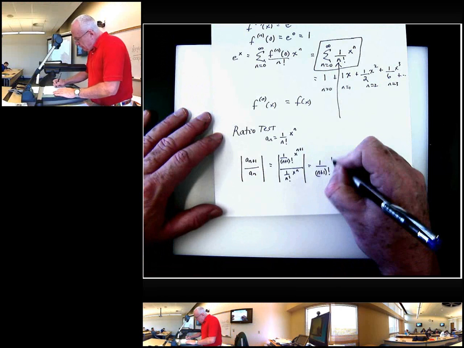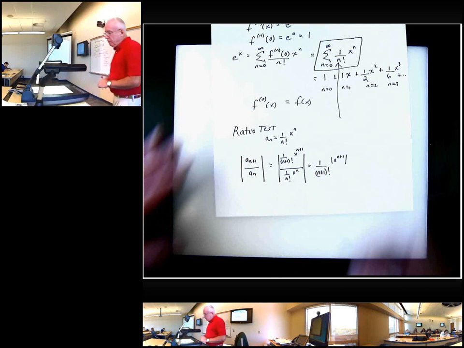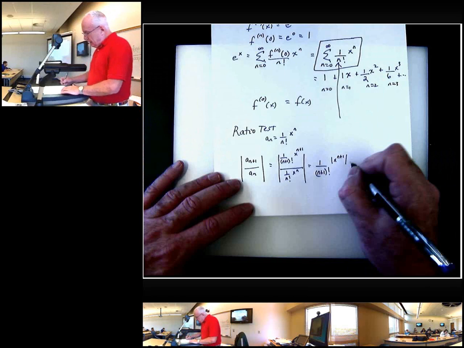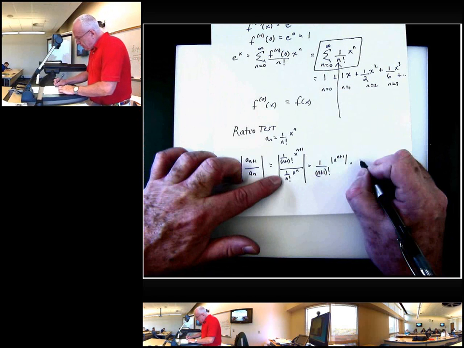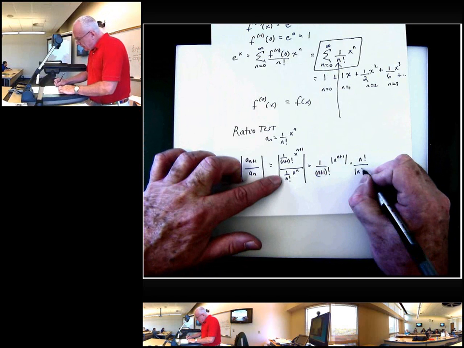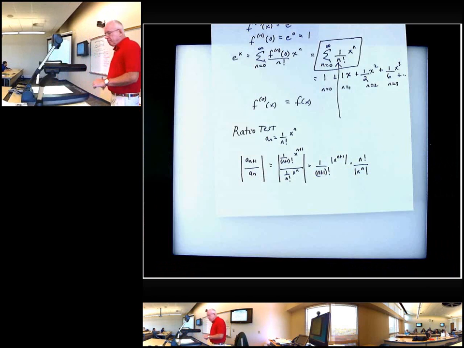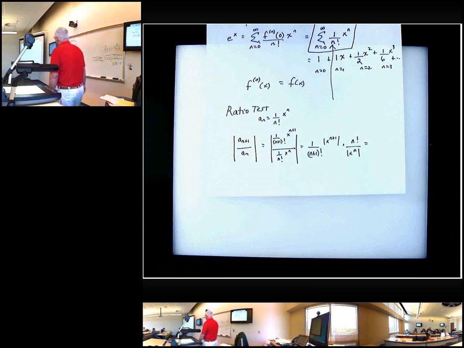We do want to keep our absolute value here around the x, and then that's going to be times the reciprocal here, so that's going to be n factorial on top and absolute value of x to the n on the bottom. And we can do a lot of simplifying with this. What's it going to simplify to?